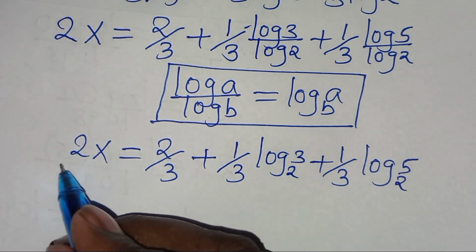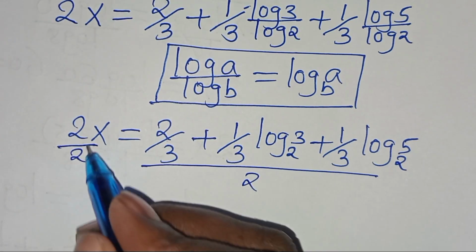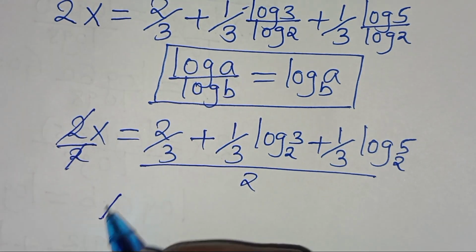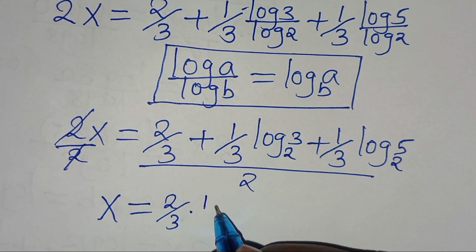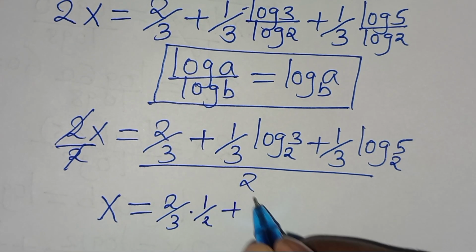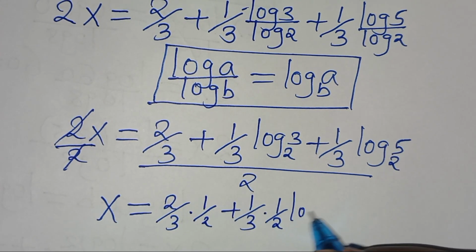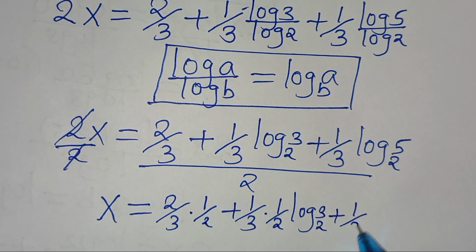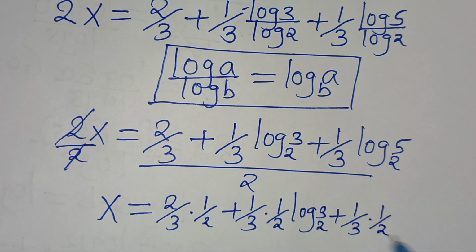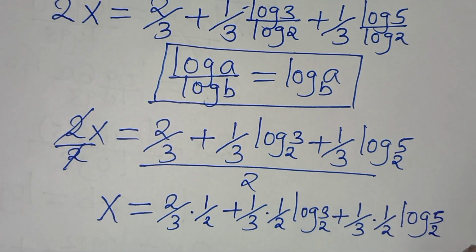Now, let's divide both sides by 2, so that we simplify here. x will be equal to 2 over 3 times 1 over 2, this is log 3 to base 2, plus 1 over 3 times 1 over 2, then log 5 to base 2.